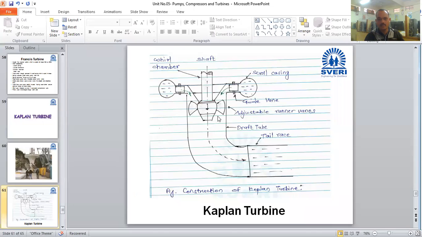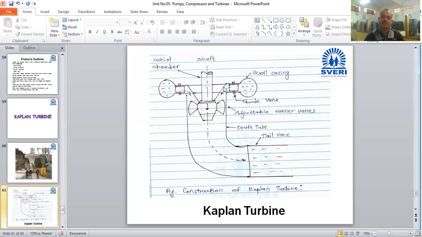This is called the hub or boss in the Kaplan turbine. The hub is attached to the shaft. When the turbine rotates, the shaft also starts rotating. This shaft is connected to the generator, and the generator converts mechanical energy into electrical energy.